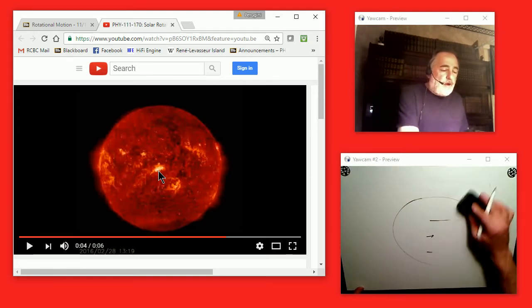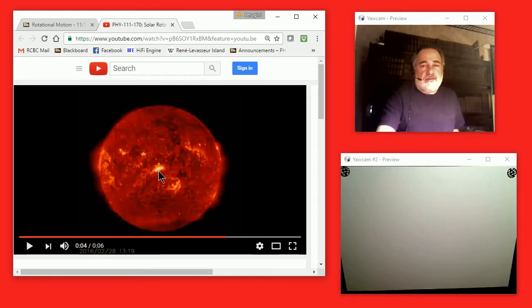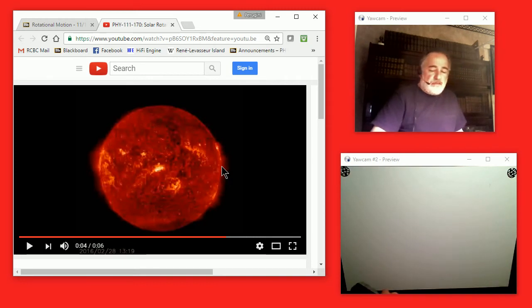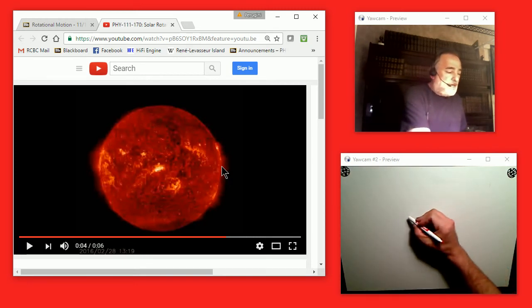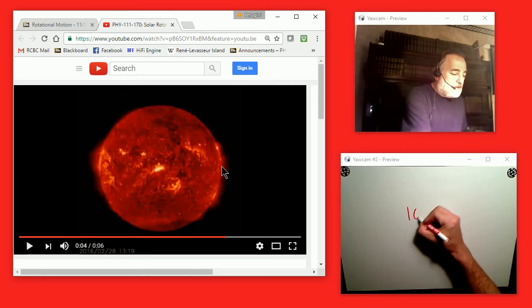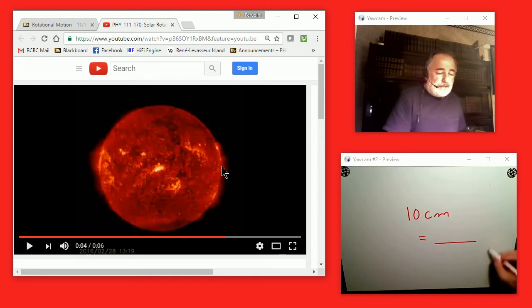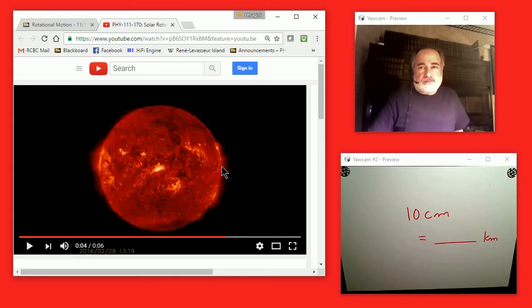So you want to open this video on your screen, like I have it here, and just take a ruler and measure this distance. Maybe it's 10 centimeters. It depends on your screen, right? So if it's 10 centimeters equals how many kilometers? You're building a scale. Now, how many kilometers?